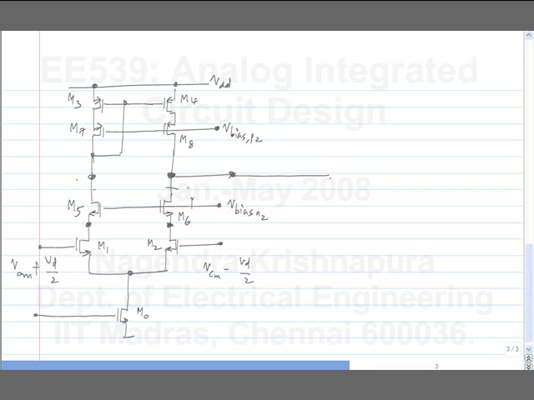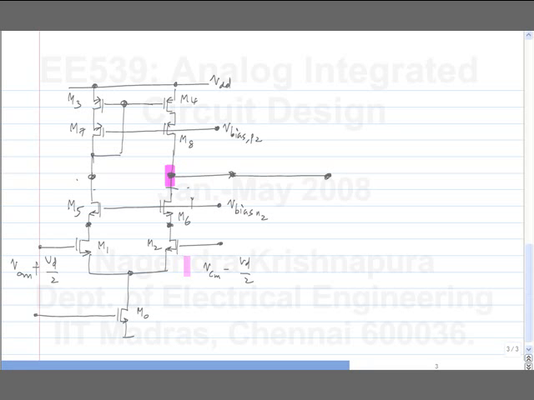Now again, if I had absolutely no mismatch, what will be the output voltage? It will be the same as the other side. We can use an argument similar to the one we did before. If it happens to be larger, you get inconsistent conditions between NMOS and PMOS, and also if it is smaller.